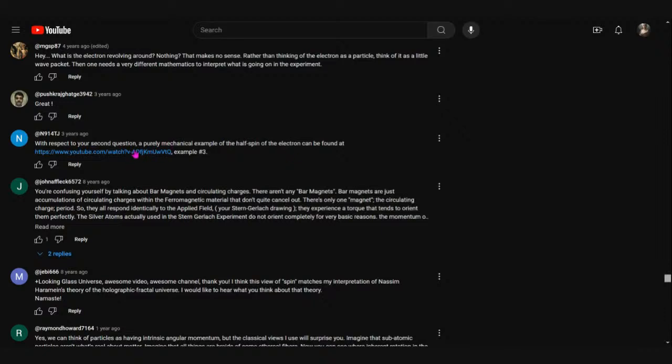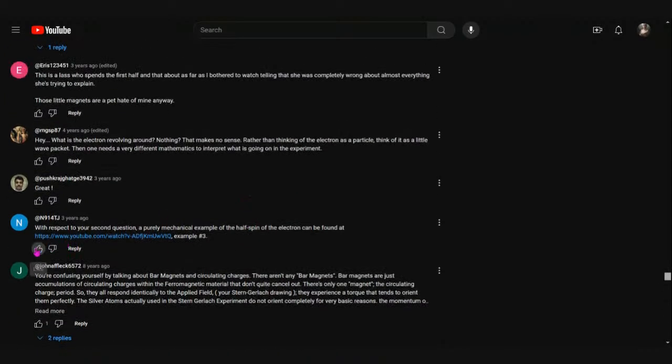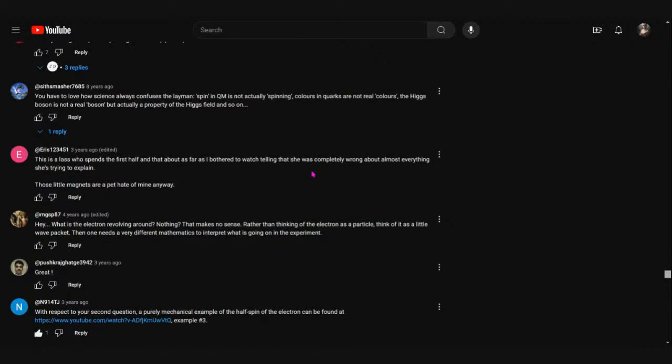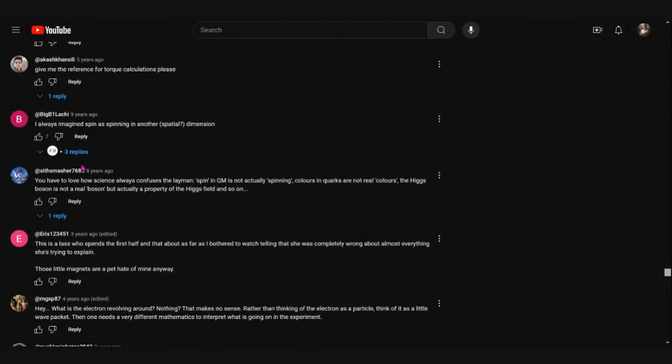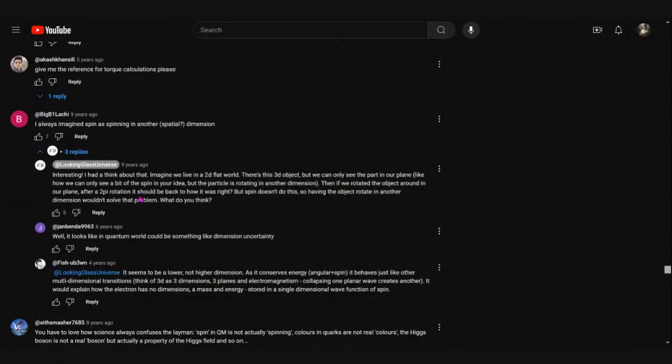Half a spin, example 3. Three years ago. I always imagine spin is spinning in another spatial dimension. Interesting. I had a think about that 9 years ago. Imagine we live in a 2D flat world. There's this 3D object.